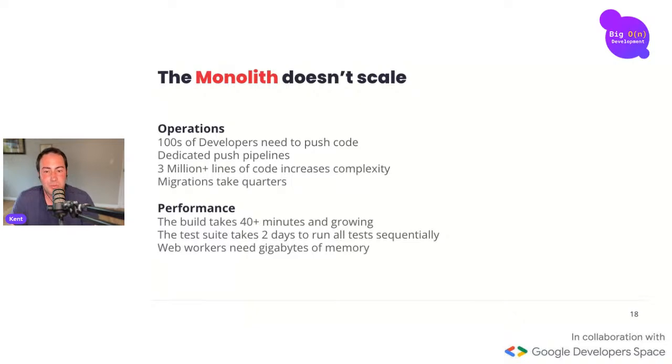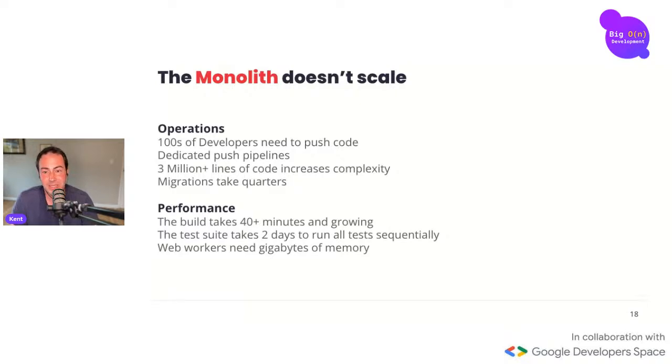The test suite, we have a great stat, would take 2 days to run all the tests sequentially. So it is just not feasible for people to run tests. Obviously, you don't run tests sequentially, but still, there were almost 100,000 tests that needed to run.